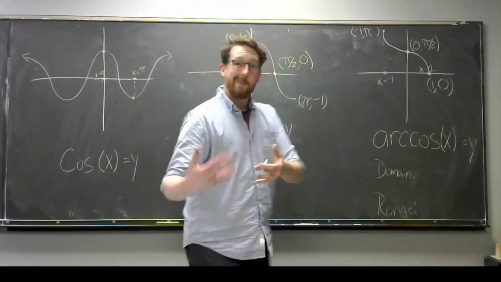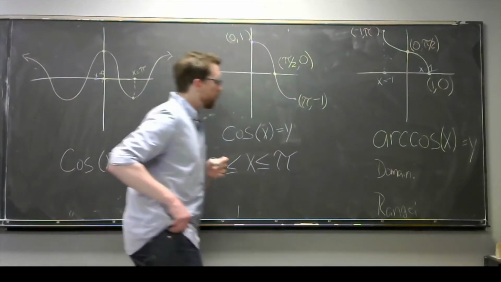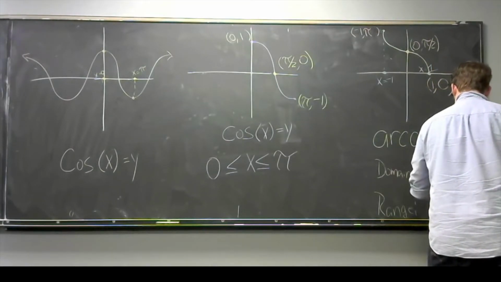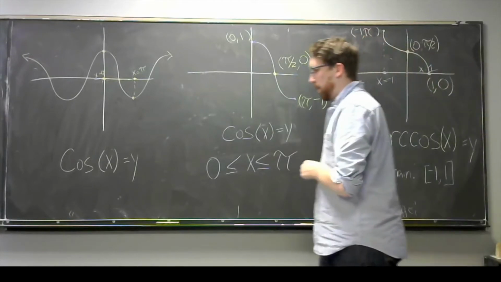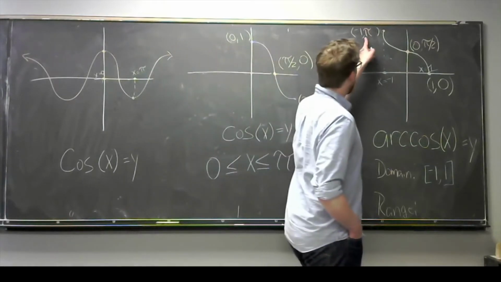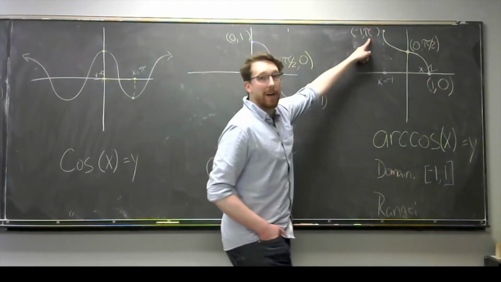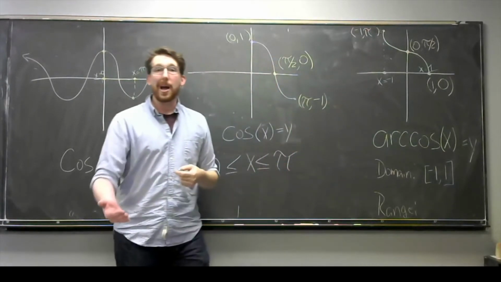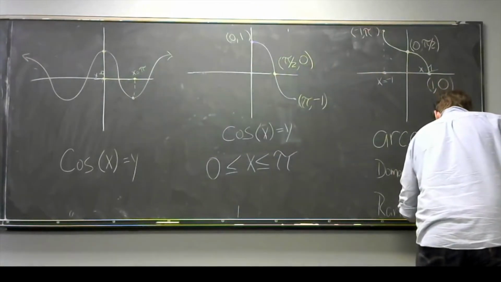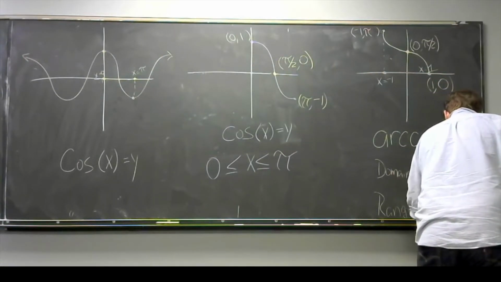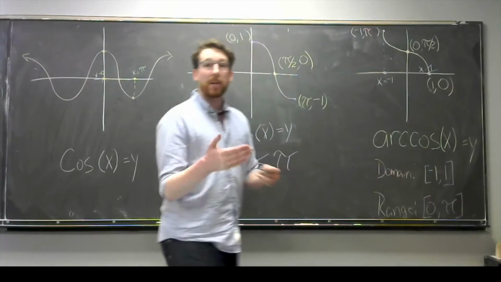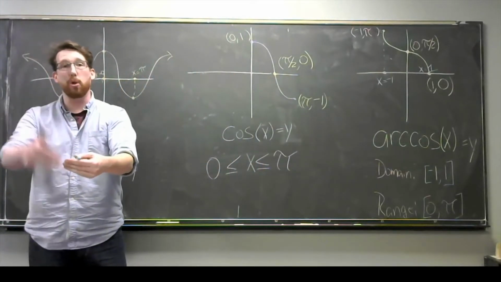So our domain must be from -1 to 1. Now our range, well, our range is from 0 to pi, because that's all the y outputs it gives us, right? So the range is 0 to pi. And because we're including these values, remember we use square brackets whenever we go up to that point and we include that point.